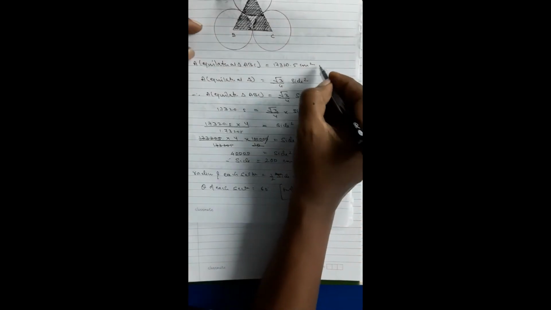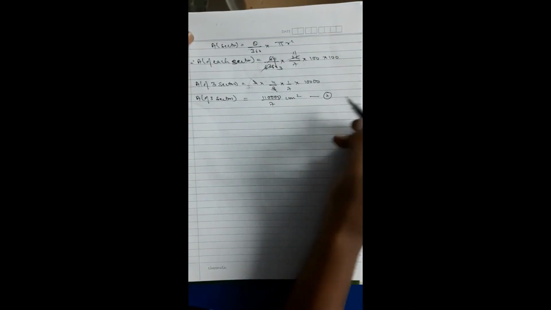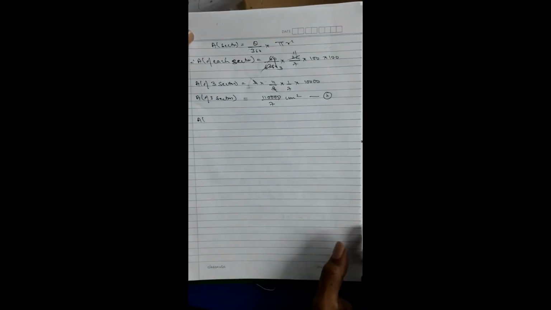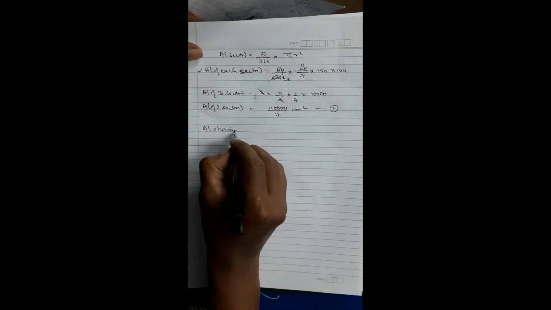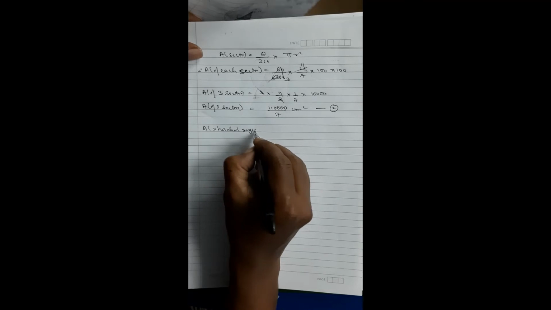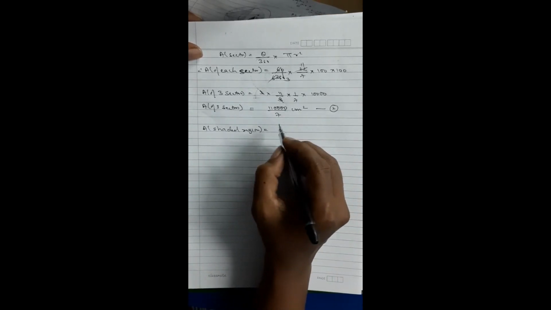Now we will go to find. Here this is given to us 1, this is 2. Area of shaded region is equal to, now this is going to be what?